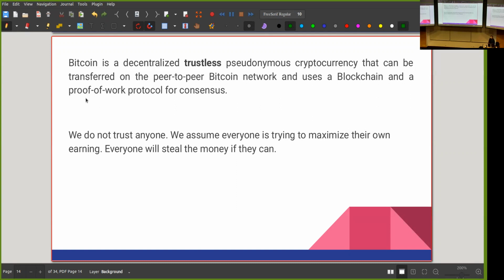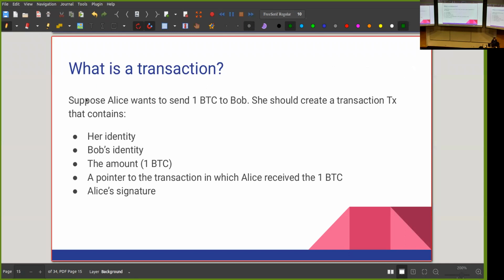We don't trust anyone or any group of people, and we just assume that everyone is motivated by their own economic gain and payoff, and everyone just wants to make as much money as possible. So we would assume that if we do something wrong so that people can steal our money, they will steal our money. And that's why Bitcoin and other cryptocurrencies are safe, because even with these assumptions, we show that they work. So that's the trustless part.